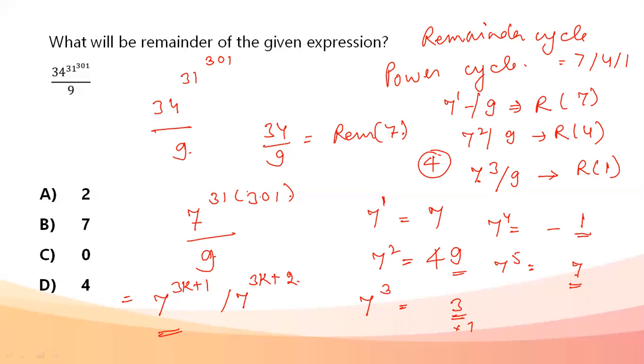How do you do it? You do the multiplication, you try to separate it in groups of 3 plus something. If it is obtained, then well and good. So finally it becomes 7 raised to power 3k plus 1. Now in 7 raised to power 3k plus 1, we're not concerned with the 3k, we're concerned with the remaining number, which is 7. 7 divided by 9, I know the remainder is 7. In that particular case, my answer is option B, that is 7.